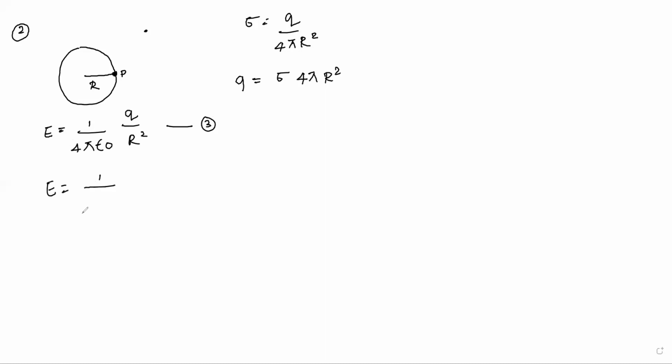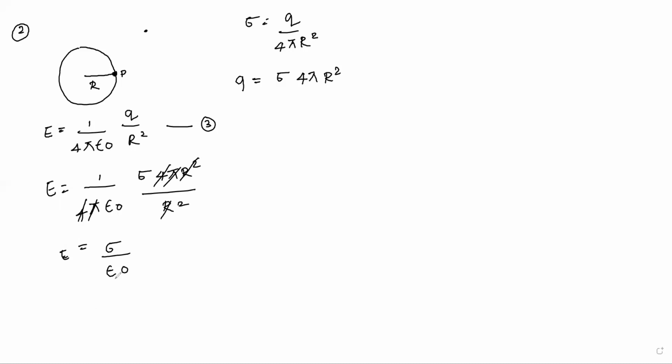E is equal to 1 by 4 pi epsilon naught, Q is nothing but sigma 4 pi r square, divided by r square. Now r square and r square get cancelled, 4 pi and 4 pi get cancelled. The remaining is sigma by epsilon naught. Therefore, the expression for the second case will be E is equal to sigma by epsilon naught.